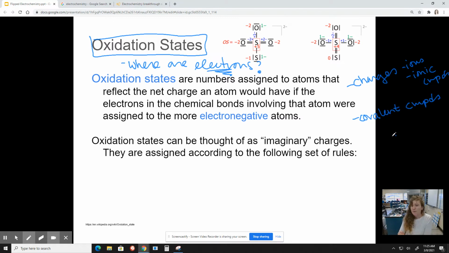And covalent compounds don't have charges inside of them. For example, carbon dioxide. If we look at carbon dioxide, it's a covalent molecule. There are no charges inside of here. Now, there are partial charges. The oxygen's going to be partially negative, the carbon's going to be partially positive, but there are no truly complete charges within this molecule.